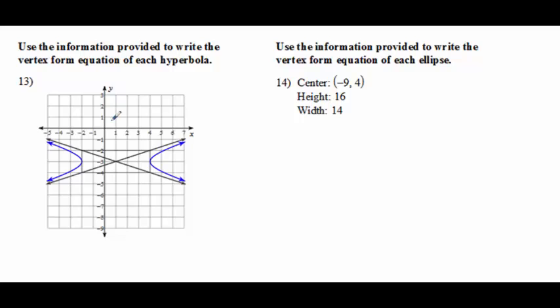Number 13. A hyperbola. So on your review, it might be kind of hard to tell where the top of the box and the bottom of the box is, and it should be easy for you to figure out because the top of our box has to meet the left and right side of our box, like where this line is going through the corner. So I can't make the top of my box be up here because then that line wouldn't go through the corner of that box.